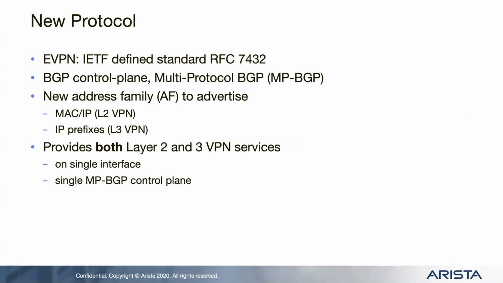So through a single EVPN BGP peering, you'll be able to carry on that single exchange all the different routes for carrying the MAC addresses and the IP prefixes for the L3 VPN.